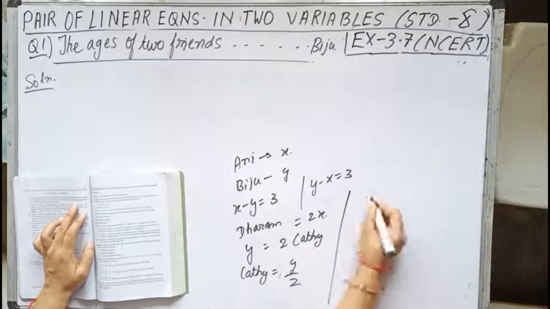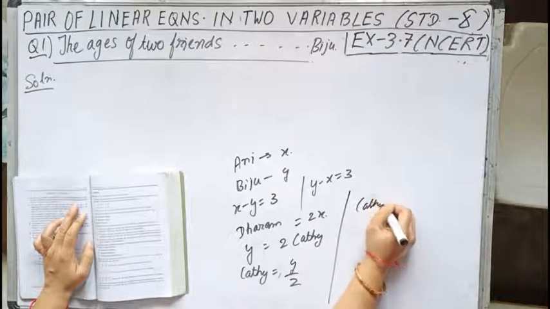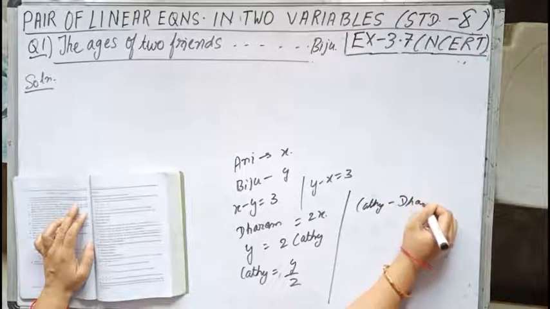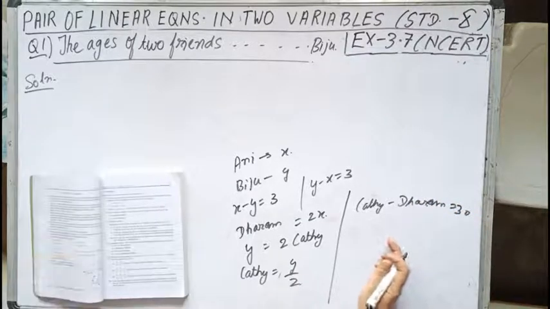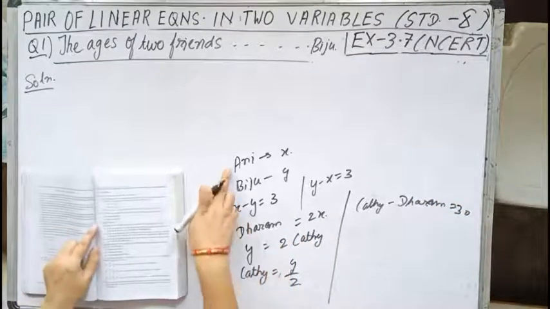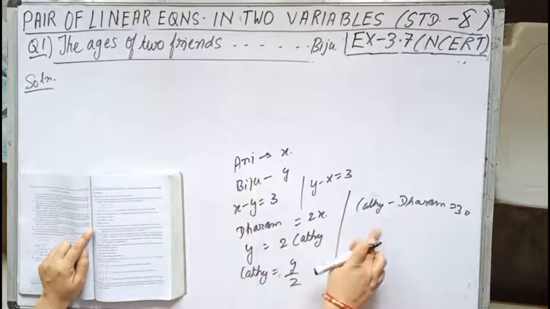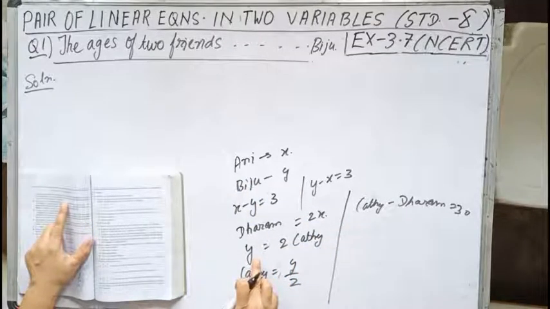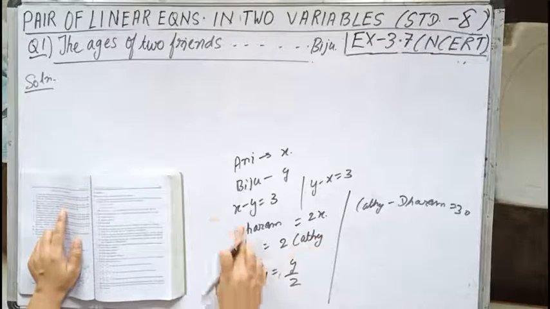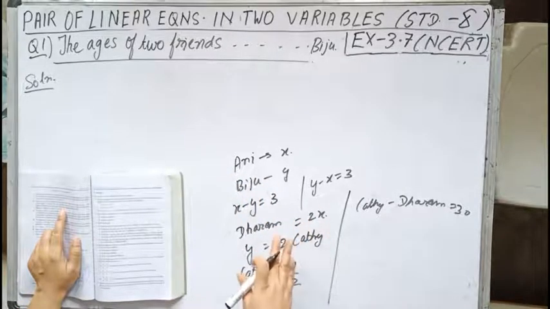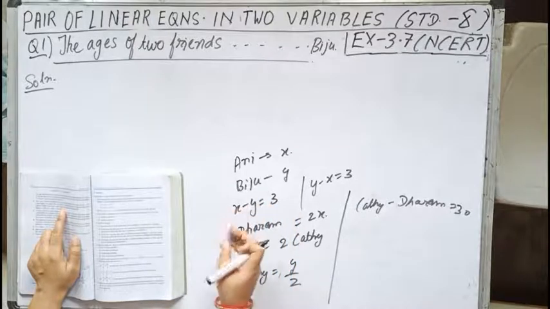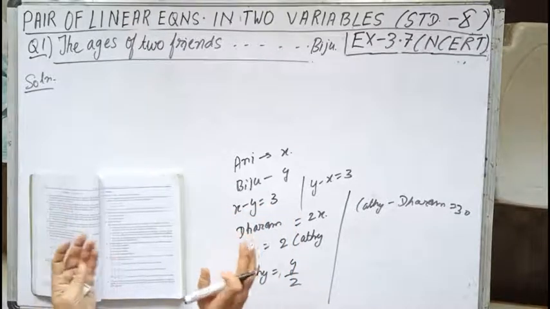Now the ages of Kathy and Dharam differ by 30 years. When we read the question, directly we would write Kathy minus Dharam equals 30. But children, see the relation over here. Annie and Biju are friends. Kathy is the sister of Biju. So to some extent Annie, Biju and Kathy are of the same age, a bit 5 to 6 years younger or older.